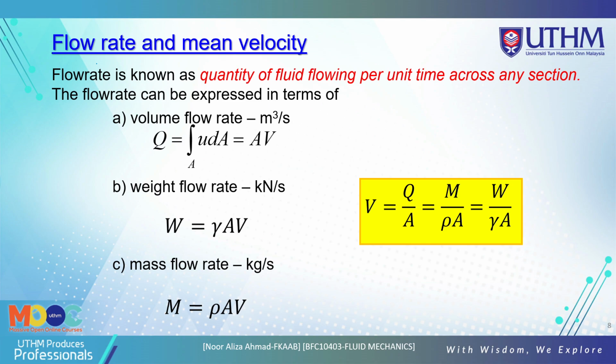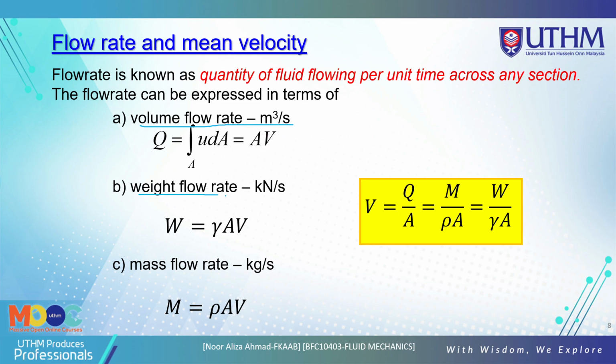Okay, so the flow rate, and this mean velocity actually, is known as the quantity of fluid flowing per unit time across any section. Okay, so the flow rate can be expressed in terms of volume flow rate, with the unit of meter cube per second. So Q is equal to A times V, to get the volume flow rate.